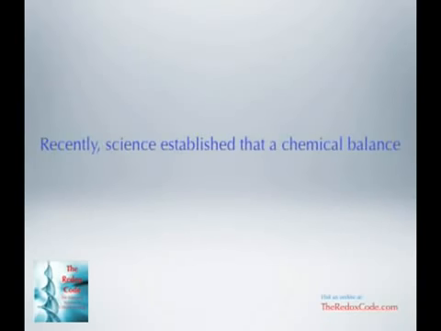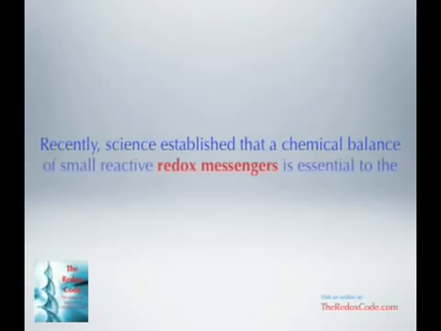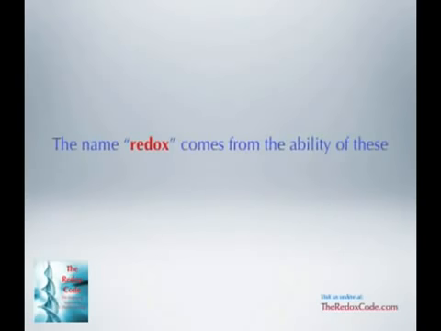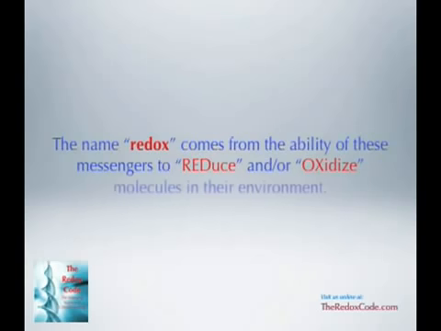Now recently, science established that a chemical balance of small reactive redox messengers is essential to the healing process and the regulation of the immune system. The name redox comes from the ability of these messengers to reduce and/or oxidize molecules in their environment.